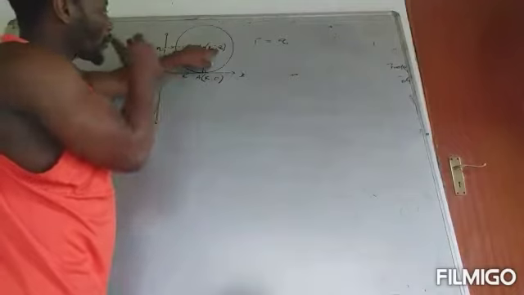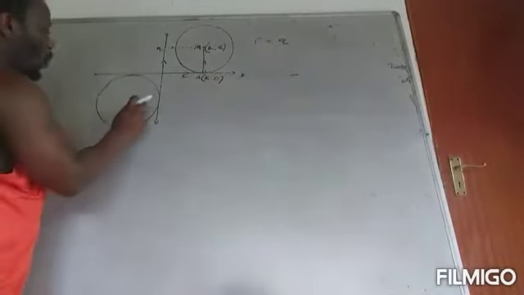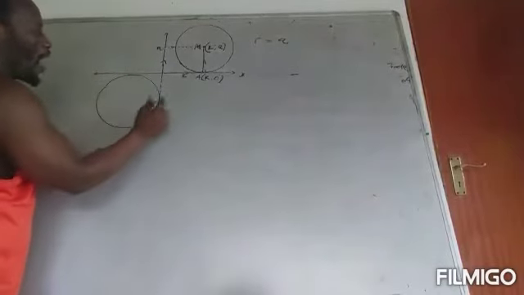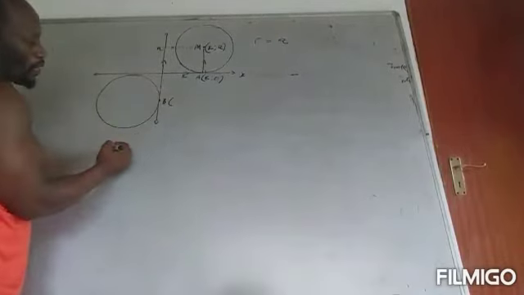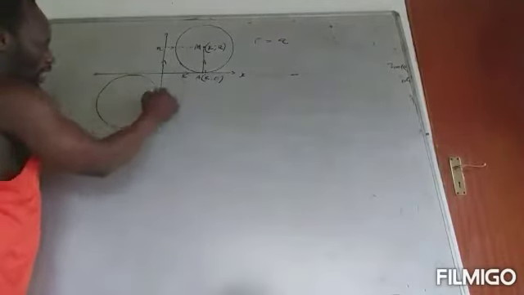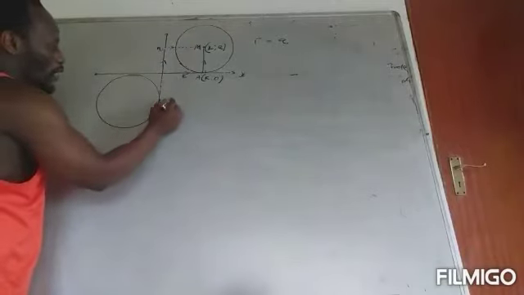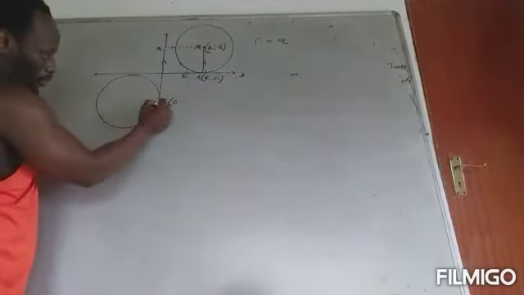Even if we come here, we see that the circle touches the y-axis at this point. Let's say this point is B. So if it touches the y-axis, the x-coordinate is going to be equal to 0 here.